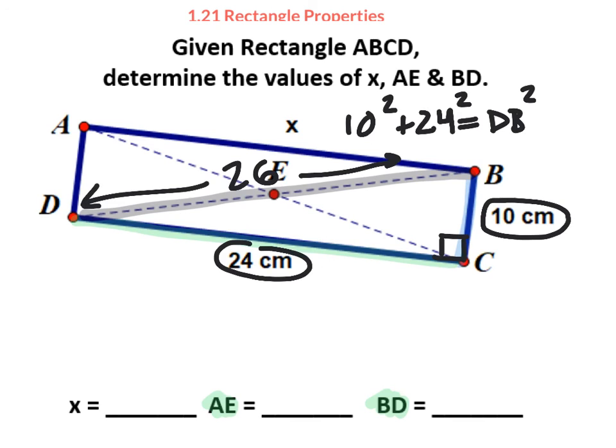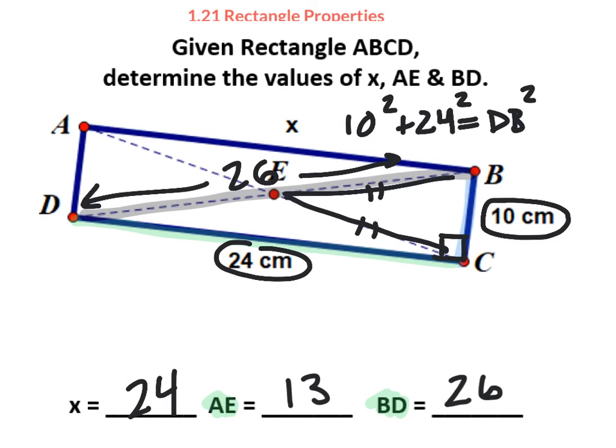So our answer to x is just 24. Opposite sides are equal. Our answer to AE or BD, well, BD I have written down is 26. And AE is just half of the diagonal. And remember, all of the diagonal halves are equal, and so that would just be 13 in each of those cases.